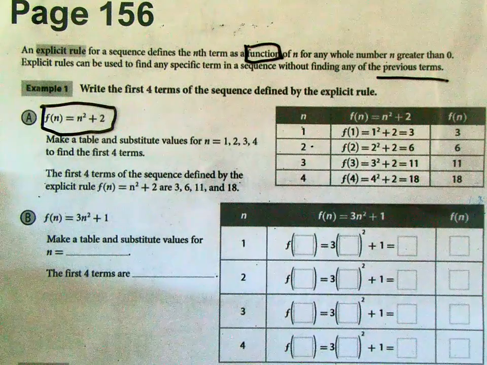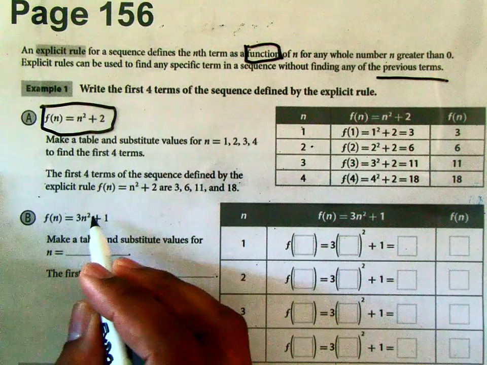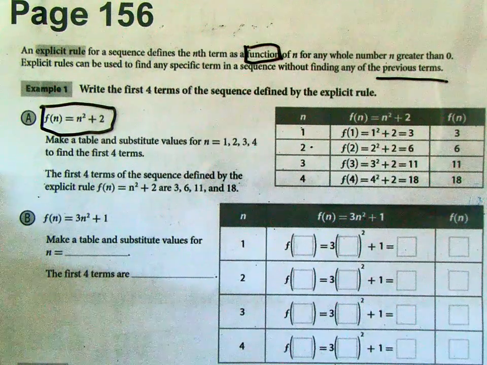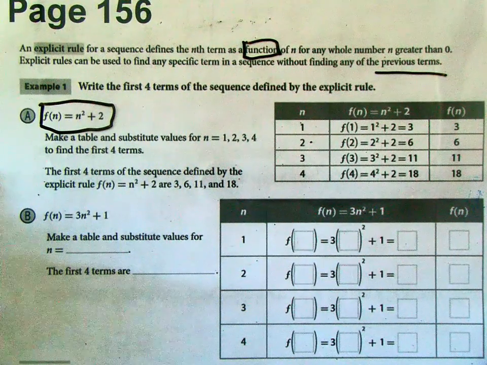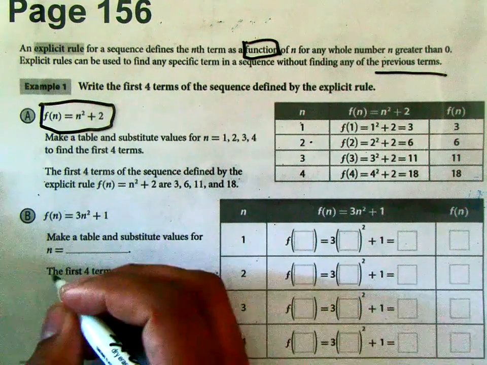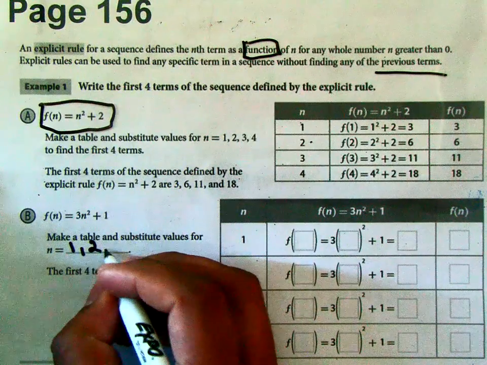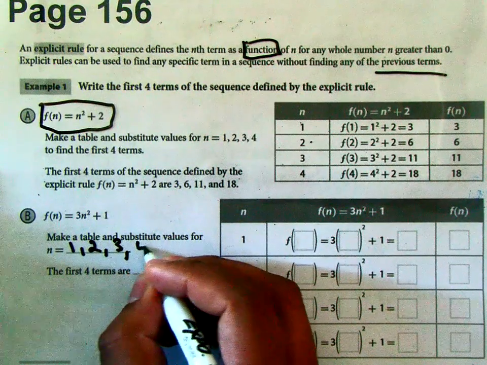We've got f of n is equal to 3n squared plus 1. We're going to use the same numbers: 1, 2, 3, and 4.